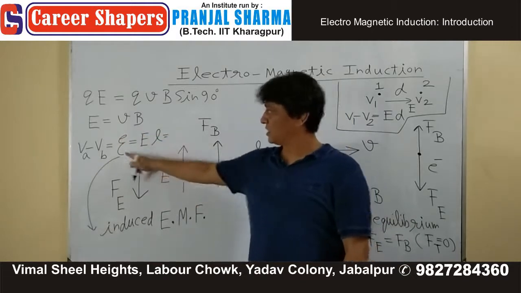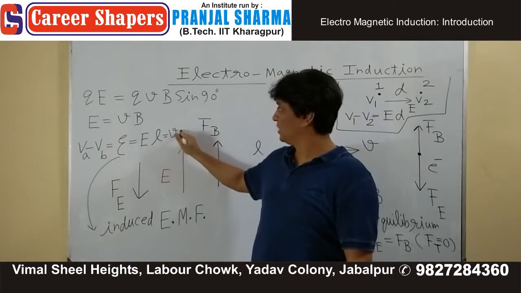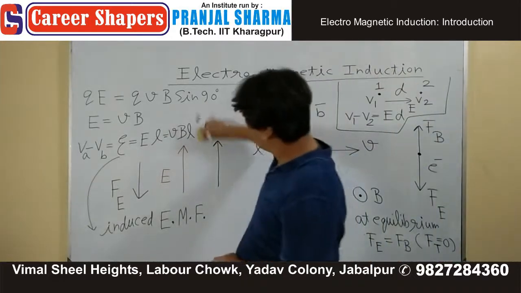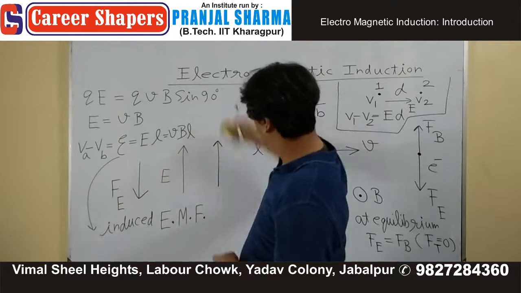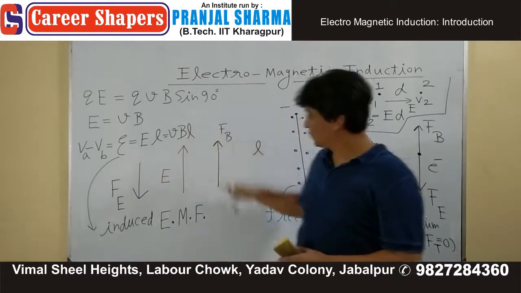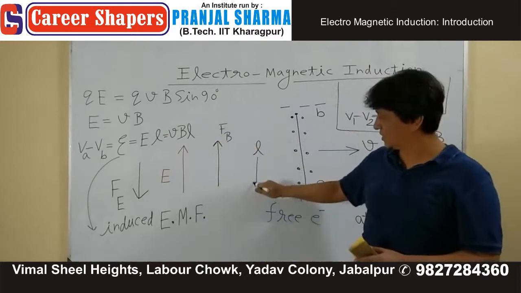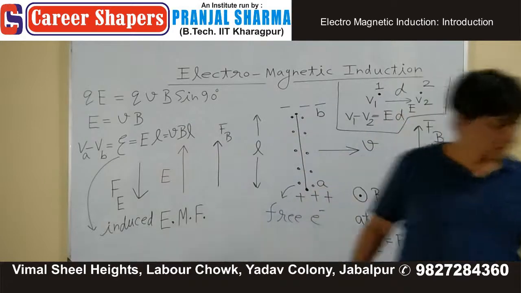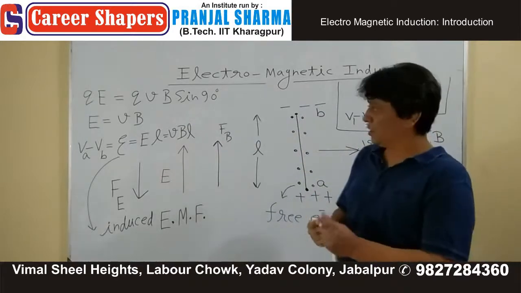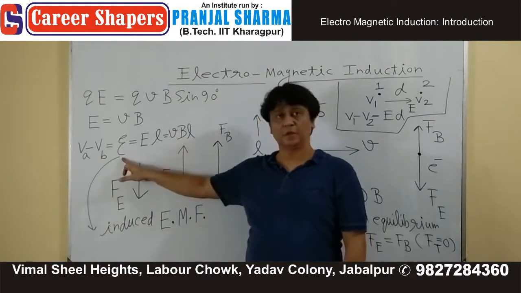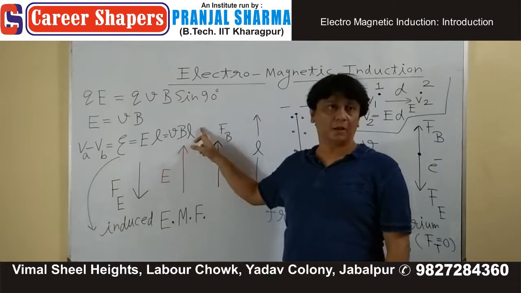That makes the induced EMF V into B into L. This is the force of the magnetic field. This is the entire length of the rod. We have developed an EMF which is VBL.